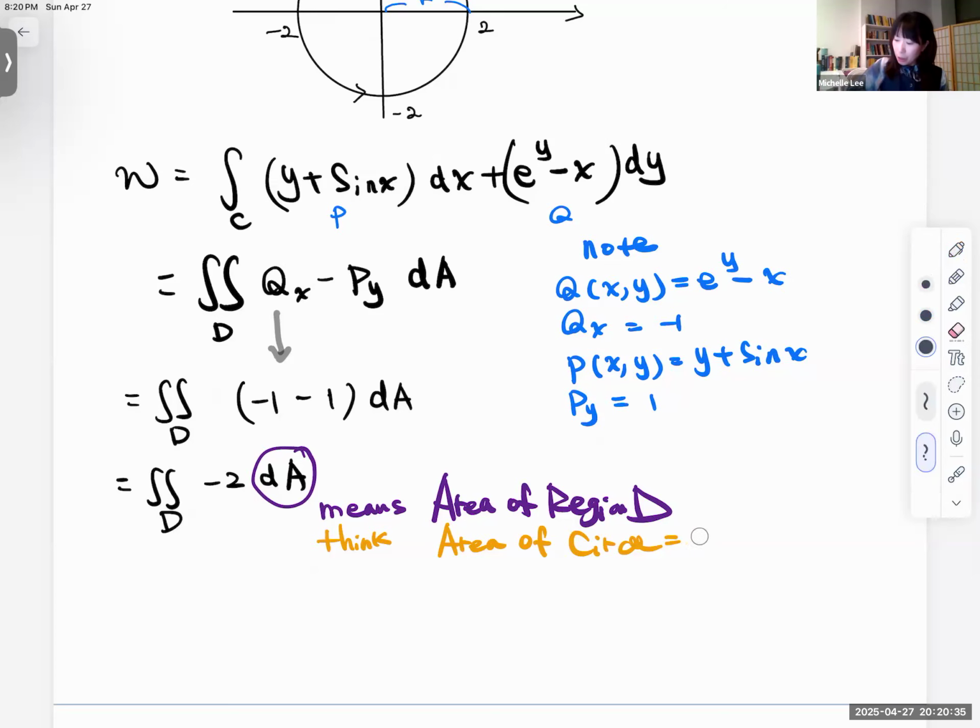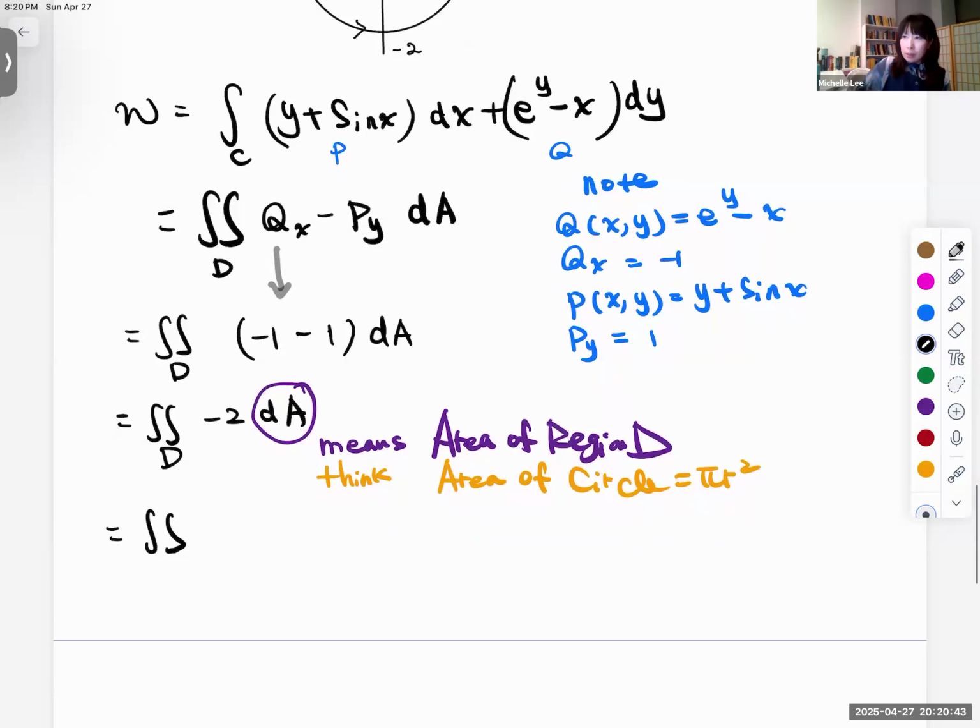Pi r squared, right? So we can calculate -2 pi r squared. That's the area of region D, which is the area of a circle.